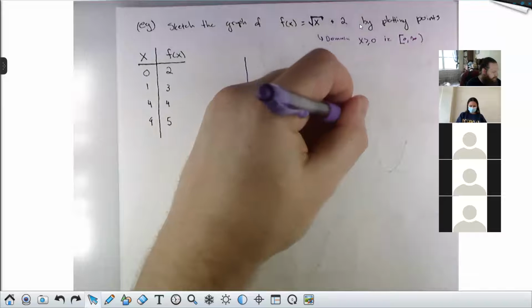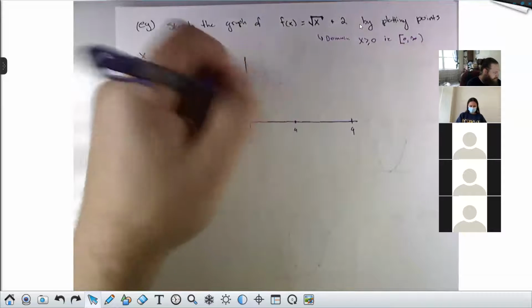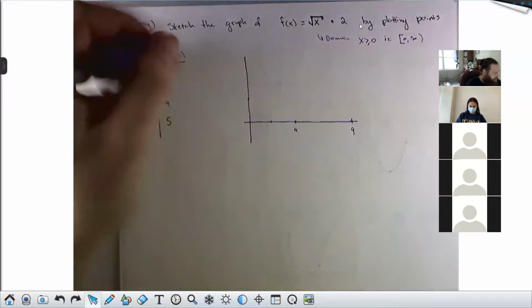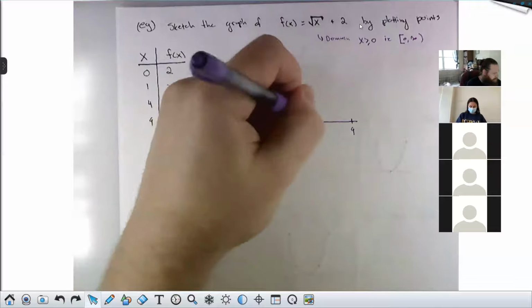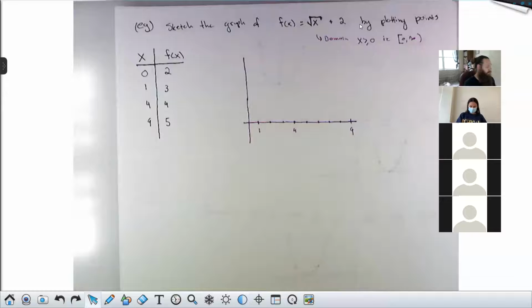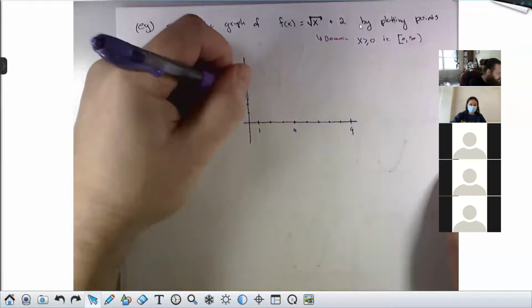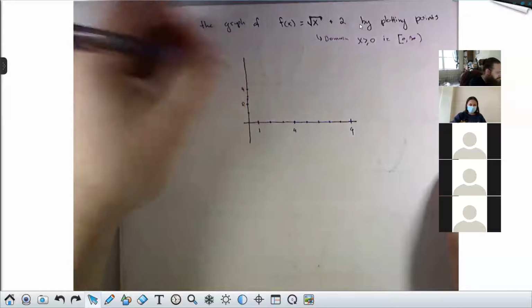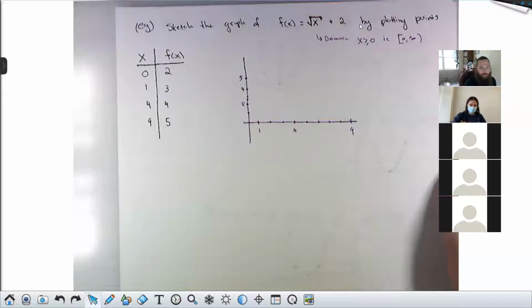So I need to come out to 9. And then on my vertical axis, just make sure I include all those outputs.